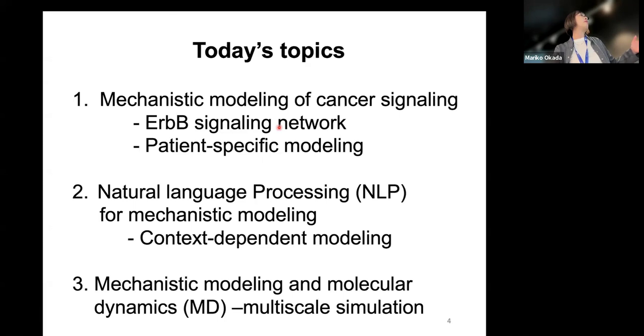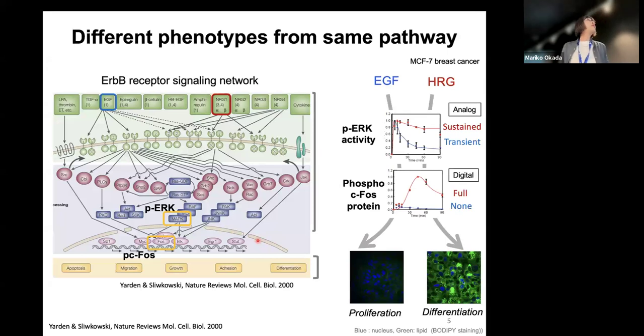Second, I will talk about natural language processing to make a context-dependent model. Context-dependent means disease-specific or cell type-specific, whatever. In the third topic, I will talk about multi-scale simulation, the combination of the mechanistic modeling I'm explaining here and molecular dynamics simulation at the protein level.